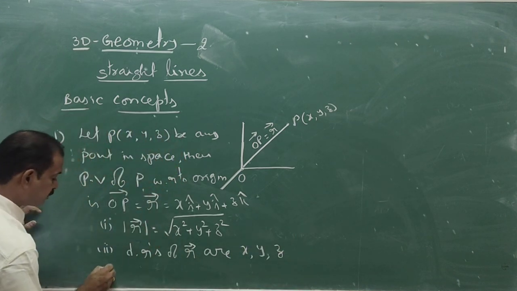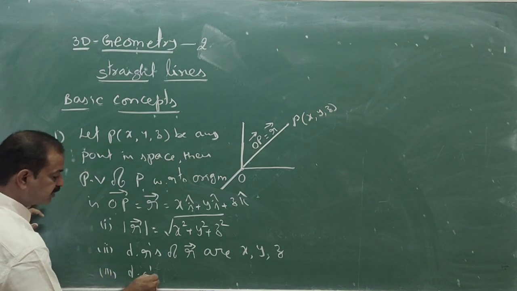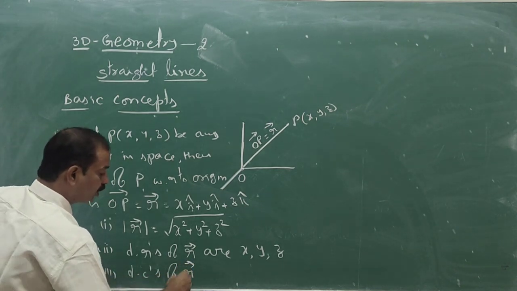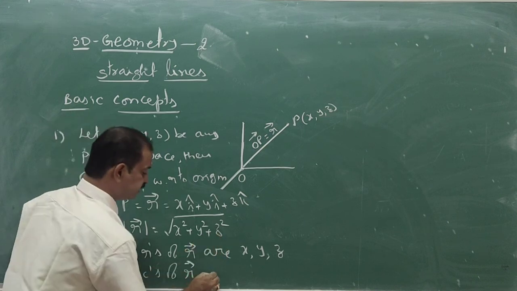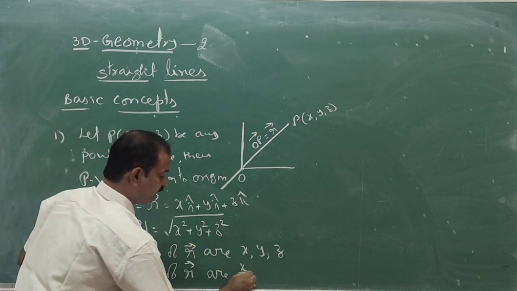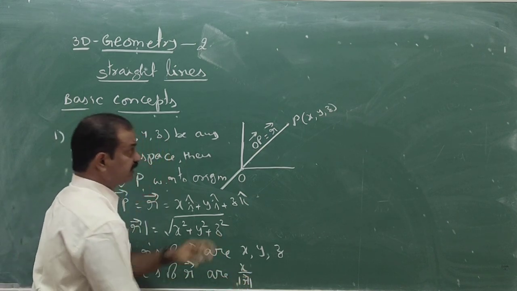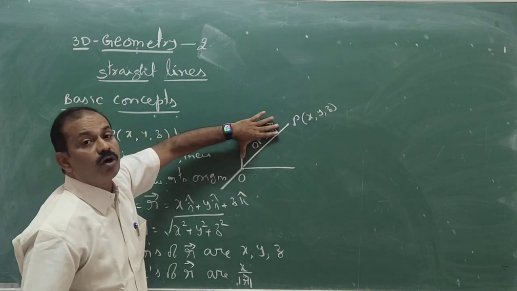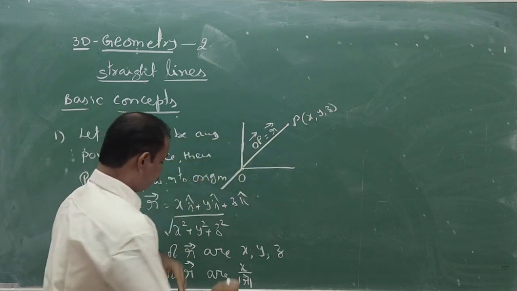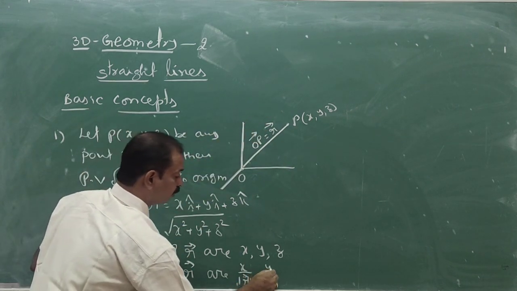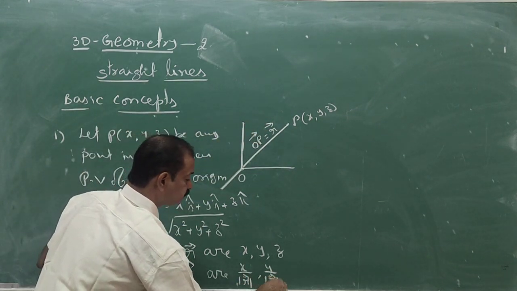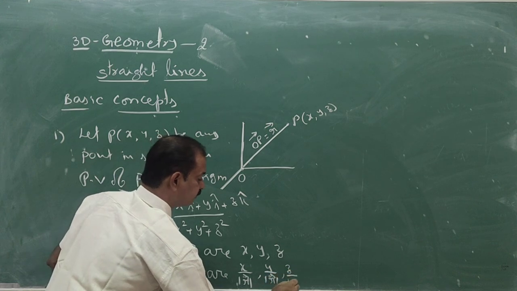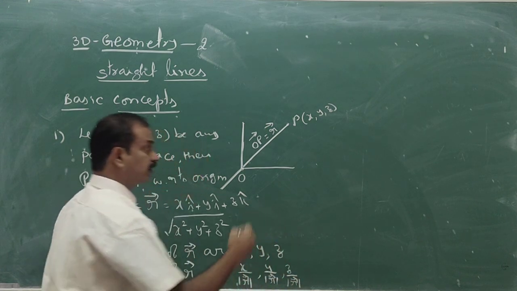Then what are the direction cosines of r? The direction cosines are the direction ratios divided by the length of OP, the magnitude of r: x by magnitude of r, y by magnitude of r, z by magnitude of r.